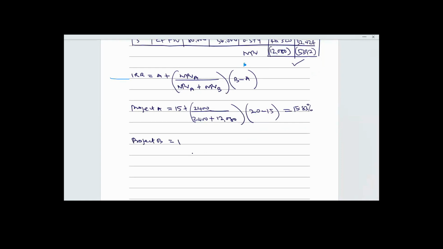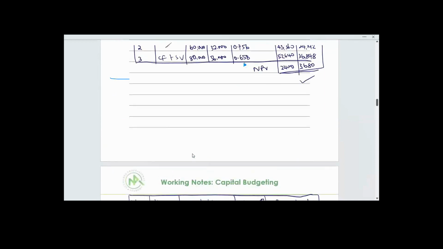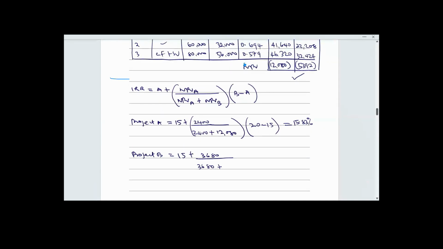So I will then go for project B. Lower discount rate is 15% plus NPV of that 15% for project B, 3,680, divided by 3,680 plus NPV of higher, 5,392, all of this multiplied by 5.